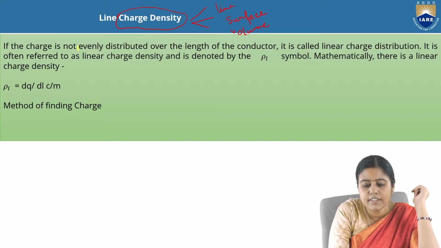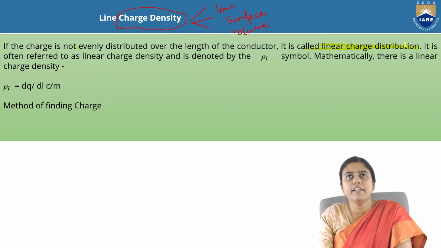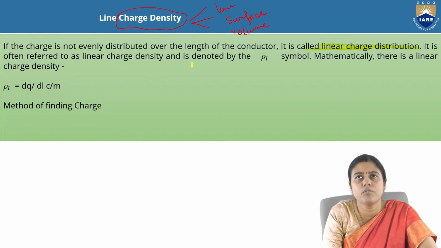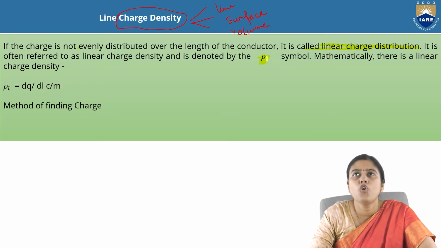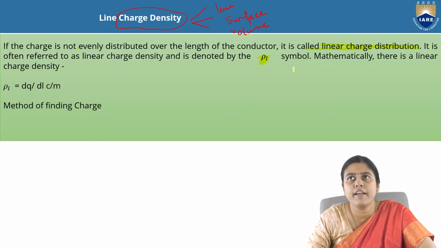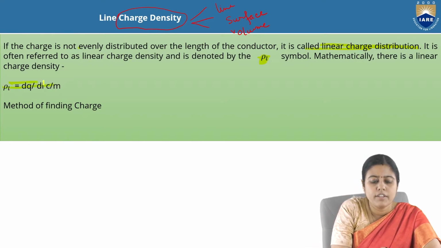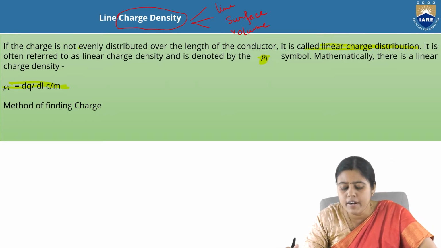The charge distributed per unit length is known as the linear charge distribution, and per unit length is known as the linear charge density. So linear charge density is written by the symbol rho L, and rho L is equal to dq by dl, coulomb per meter.